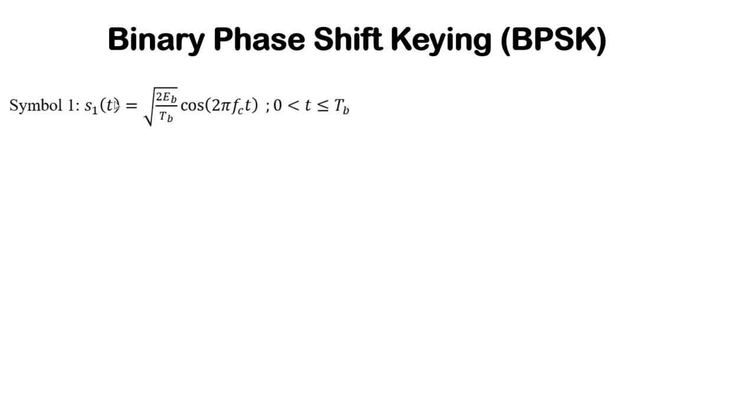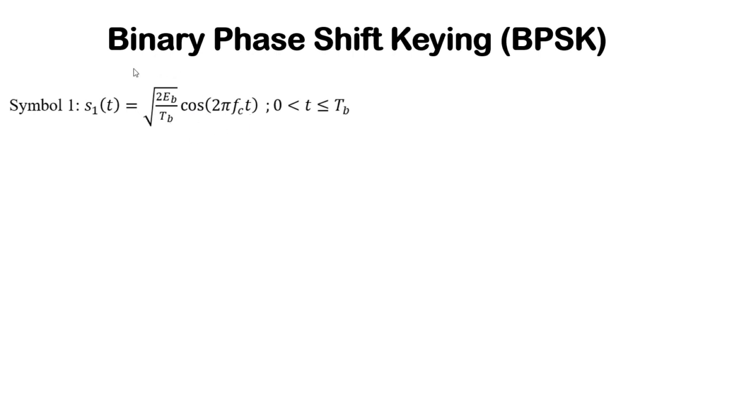Okay. Now first we will consider any signal. It is not part of only BPSK, it is part of all the shift keying techniques, that is the digital modulation techniques. So for example, S1 of t is any signal. Any signal can be represented by three things: amplitude, frequency and phase.